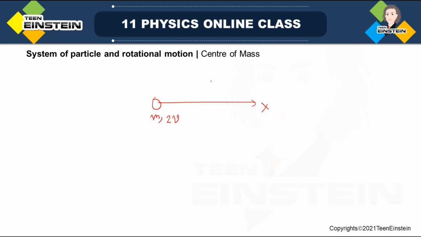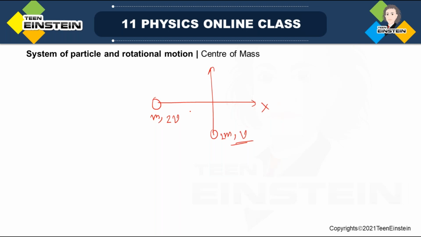Another particle, 2m, is moving with speed v. They collide with each other in a perfectly inelastic collision. Then what will be the percentage loss of the energy? That is what we have to find out.